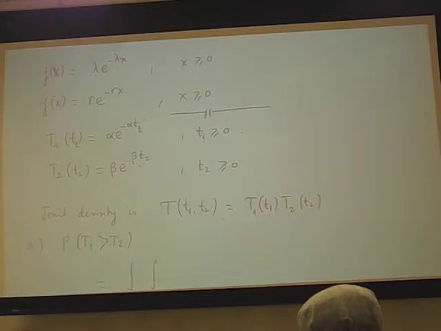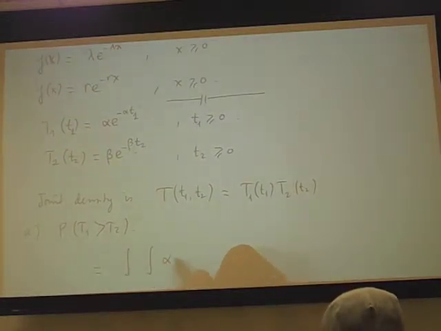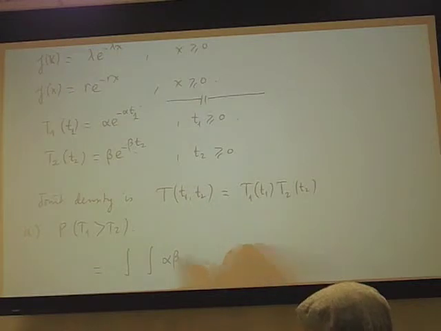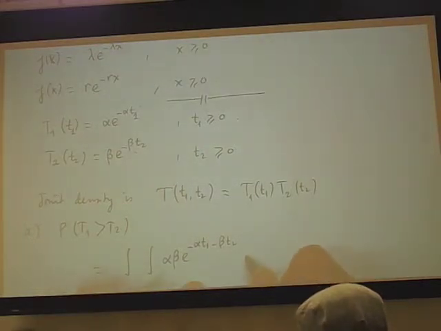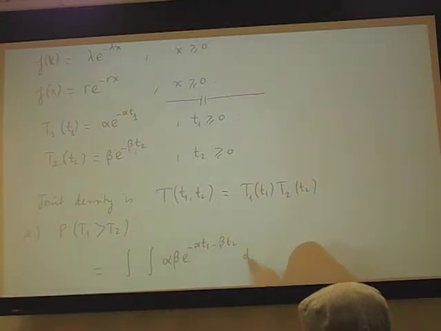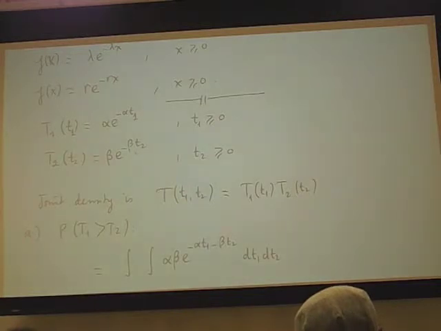So what is that? It's going to be alpha times beta times e to the minus alpha T1 minus beta T2, because e to the a times e to the b is just e to the a plus b. Now do you want to do T1 first or T2 later? I don't care: dt1 dt2, for example, or I can also do dt2 dt1.